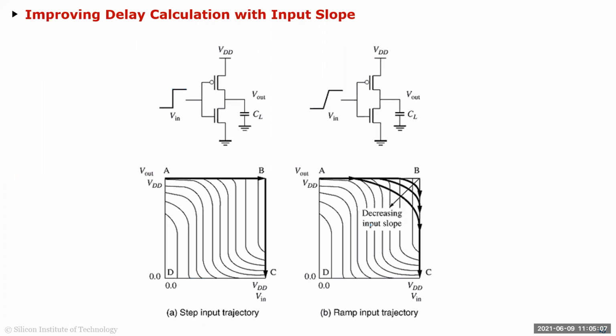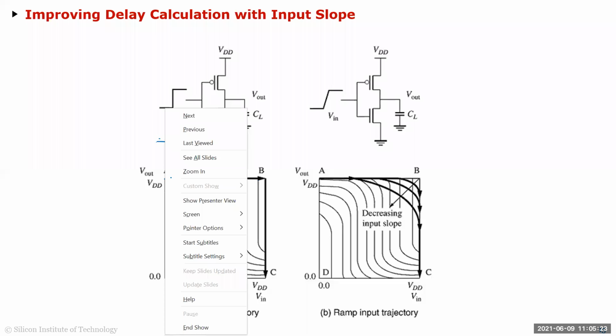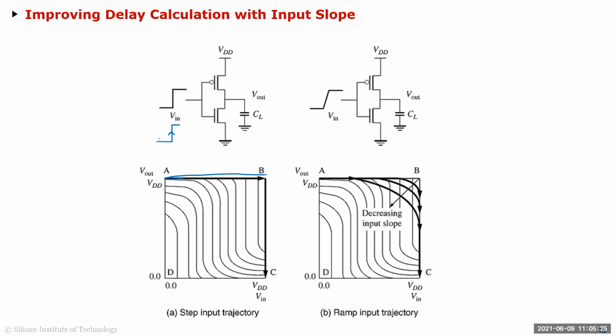In the next slide, it's shown what I've been explaining so far. For example, in our fall time case, you give your input a step like this, and if you see this diagram, this is what you're following. You go boom, your input, and then your output just follows this path and goes to 0.